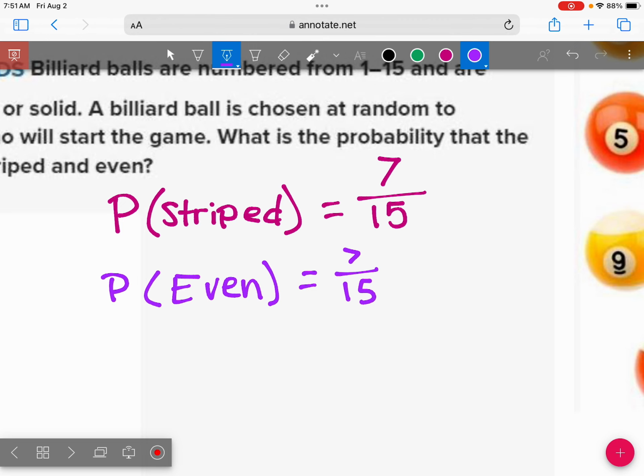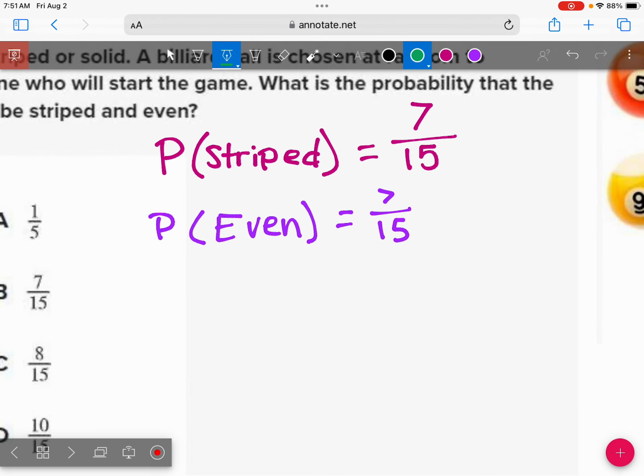I want to know the probability, so now we'll get to use these multiple choice things over here. The probability that it is both. So I'm going to use my and notation. I'm just going to call it S and E. I just don't feel like writing striped and even that many times.